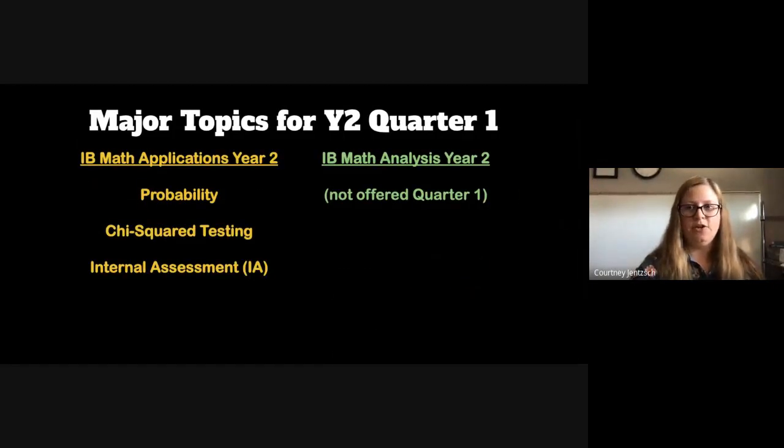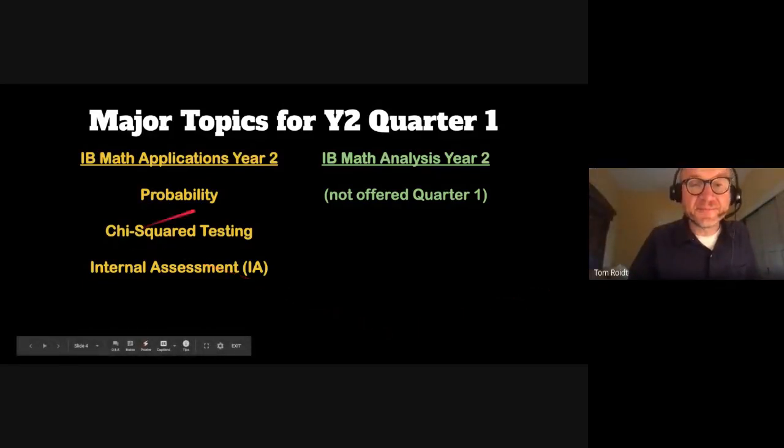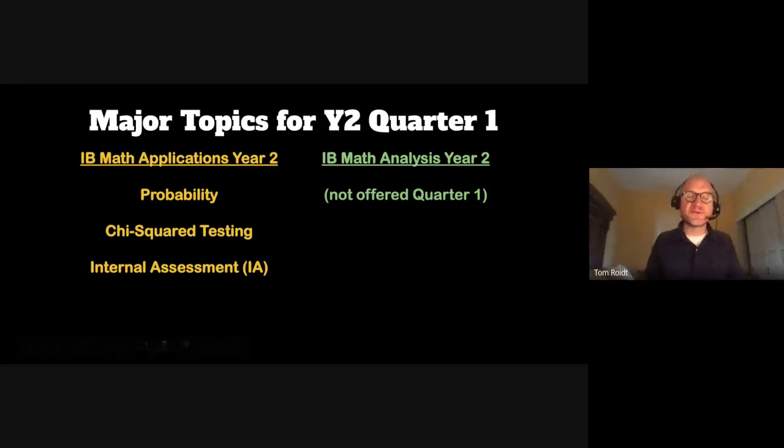All right, and then year 2. Mr. Wright, what are we covering in year 2 for applications? For applications, we're starting off with probability, getting into a statistical testing called a chi-squared test, which lets you see if 2 variables are related to each other somehow.